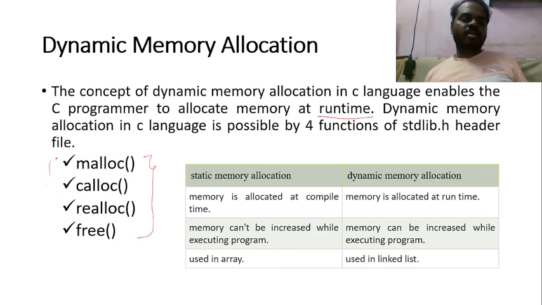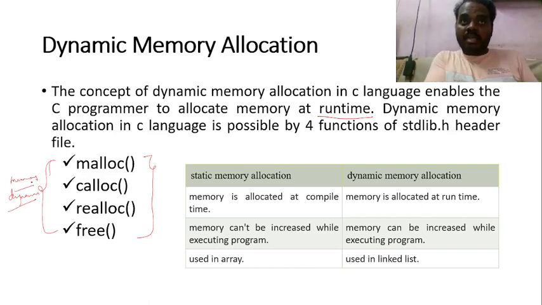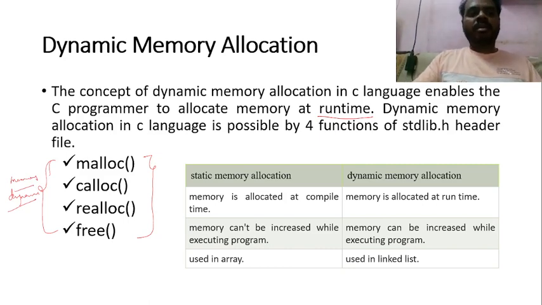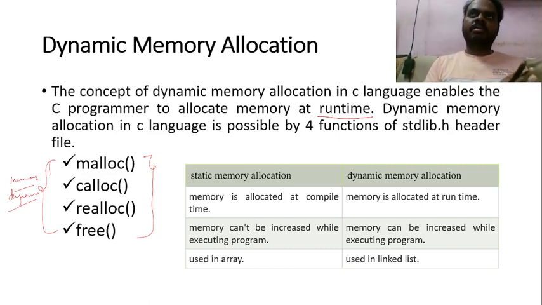These four library functions are used to allocate memory dynamically. If you want to allocate memory in a static way, we should use an array as static memory allocation. If you want to allocate memory dynamically using runtime, we should use malloc, calloc, realloc and free. This is all about what dynamic memory allocation is.